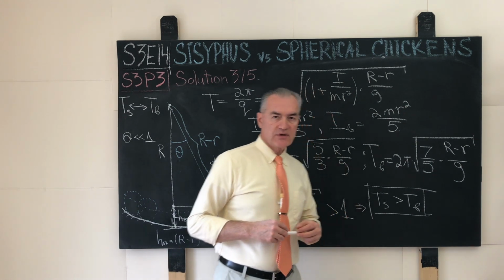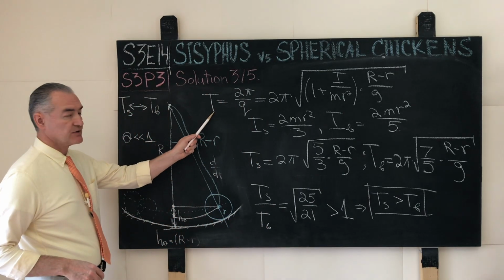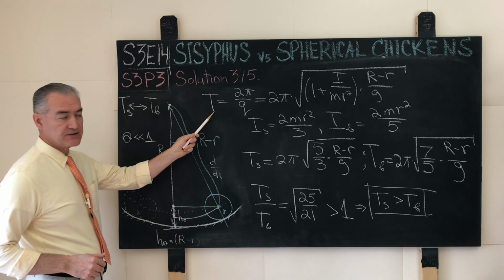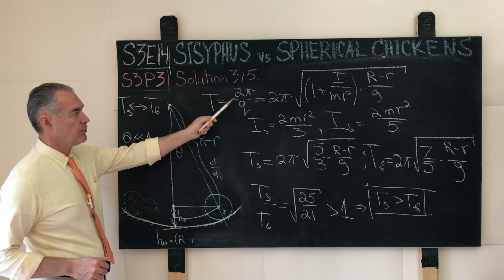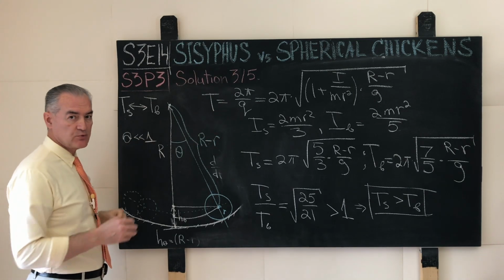And now that we understand where the expression for the period of small angle oscillations of our spherical chickens of uniform density, T equal to 2 pi over q, came from, we can bring our computation home.